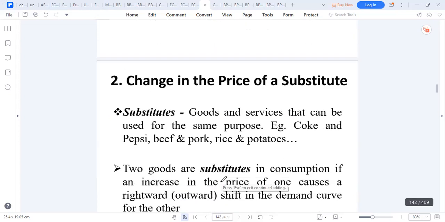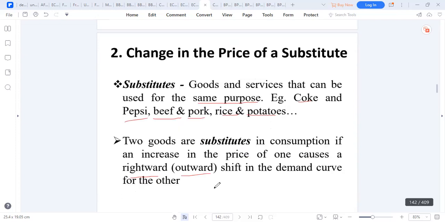Substitutes are simply goods and services that are used for the same purpose. They are competing goods, for instance, Coke and Pepsi, beef and pork, holding all things constant, rice and potatoes. So substitute goods in consumption cause a rightward shift, hence have a positive relationship, which in fact leads to a positive elasticity of demand.